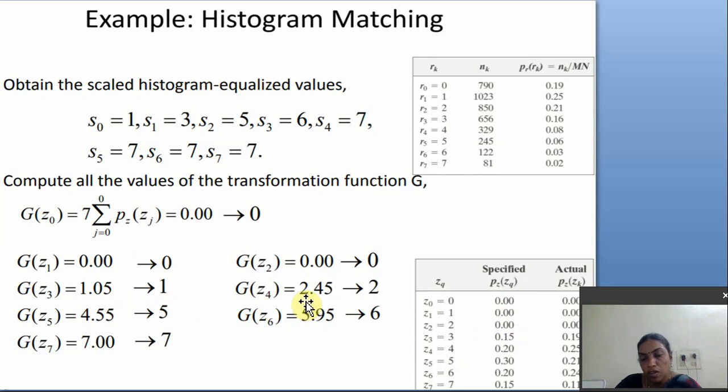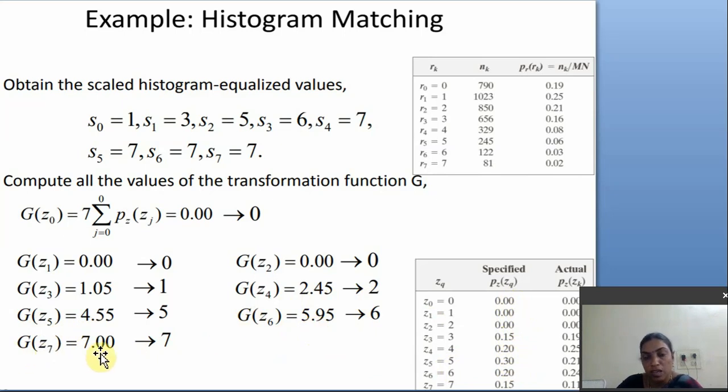Then G of z4: 0.20 plus 0.15 plus 0 plus 0 plus 0, into 7, gives 2.45. G of z5 means add all these and multiply by 7, giving 4.55. Then G of z6: 0.2 plus 0.3 plus 0.2 plus 0.15 plus 0 plus 0 plus 0, into 7, is 5.95.